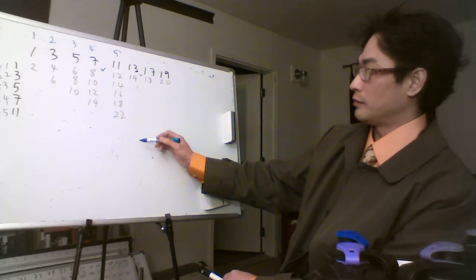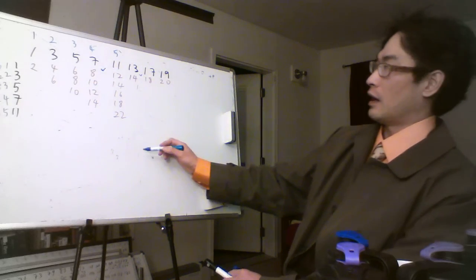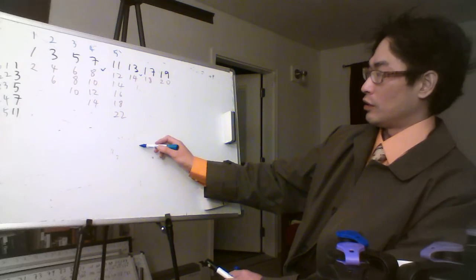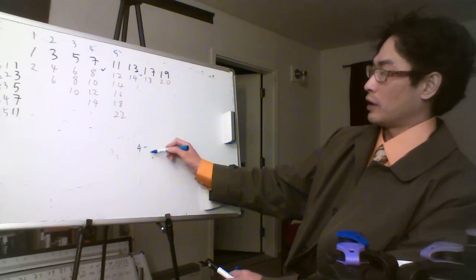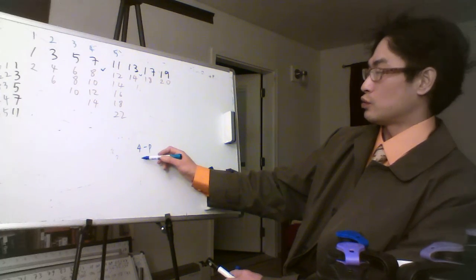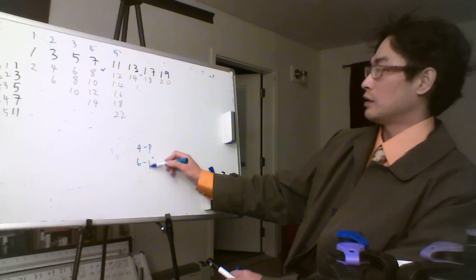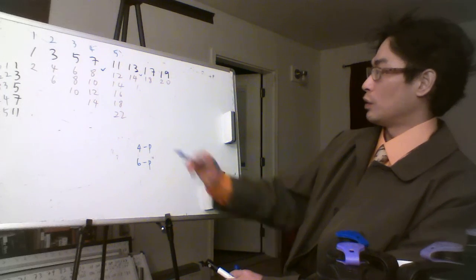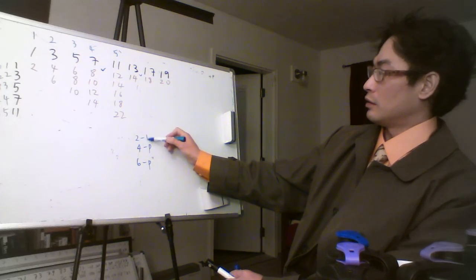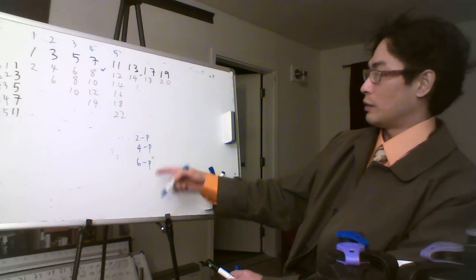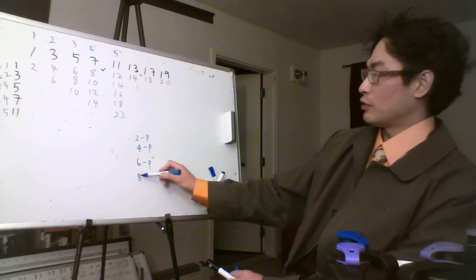Okay, we call cousin prime 4 prime. And Swazang prime we call 6 prime. All right, and twin prime, 2 prime. And 8 we call octo prime.